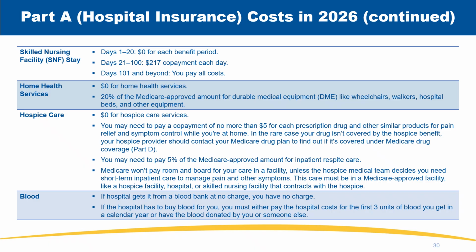Blood. If the hospital gets it from a blood bank at no charge, you have no charge. If the hospital has to buy blood for you because your blood type is not in the blood bank in the hospital that you're admitted into, you must either pay the hospital cost for the first 3 units of blood you get in the calendar year or have the blood donated by you or someone else.